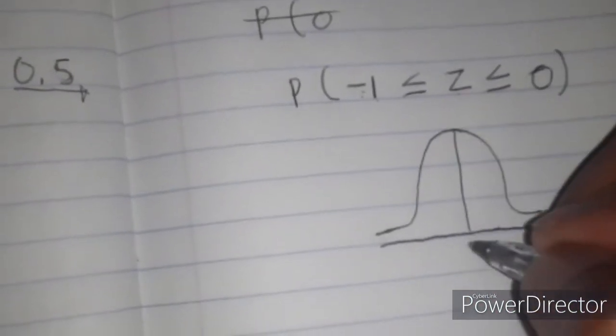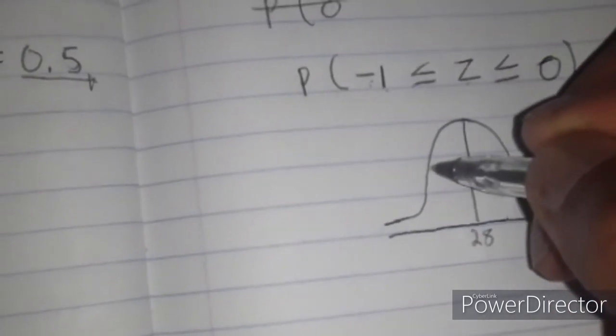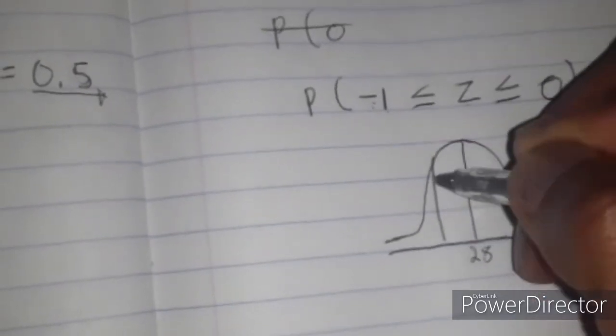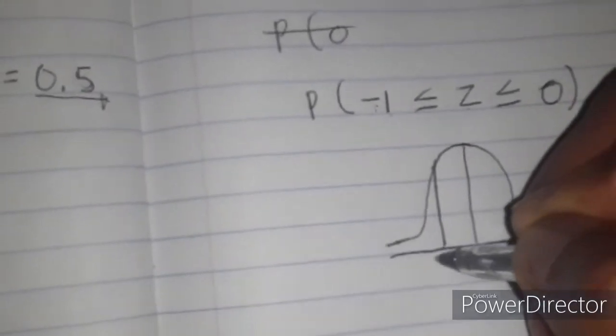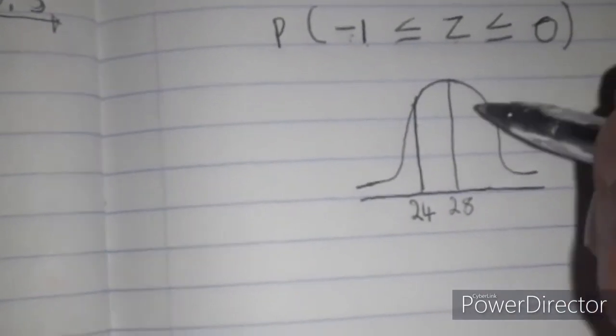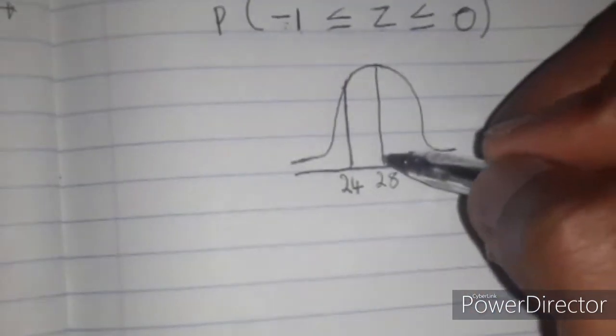So in the middle, it's 28. By 24, we got a negative value, which is minus 1. So we are going to put 24 on this side, because the z value of 24 is negative.